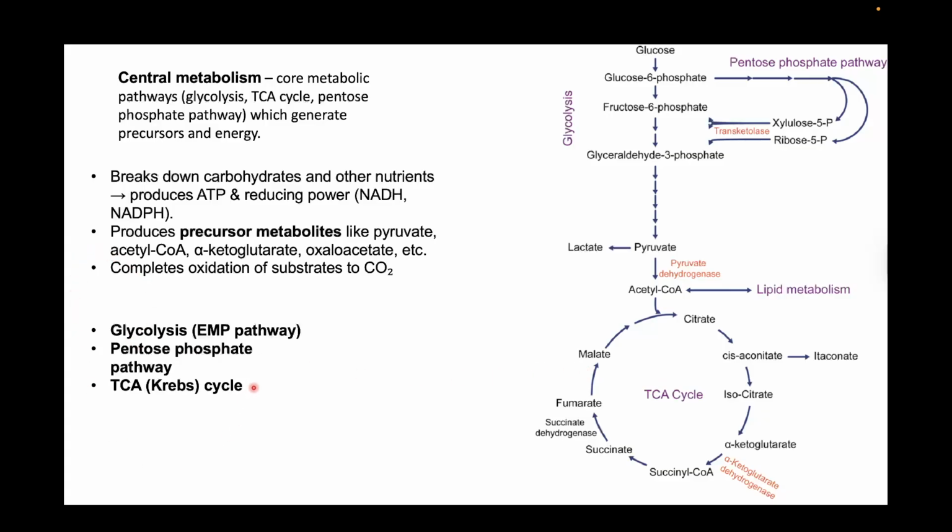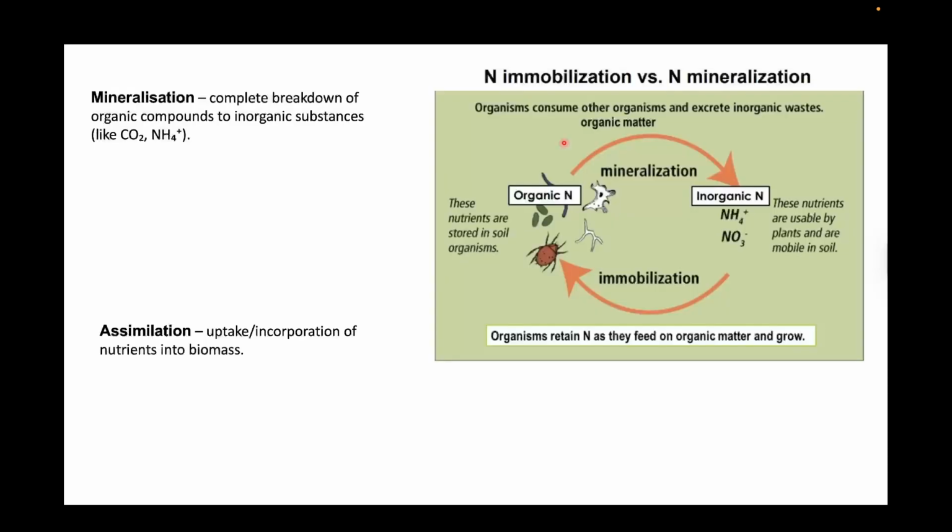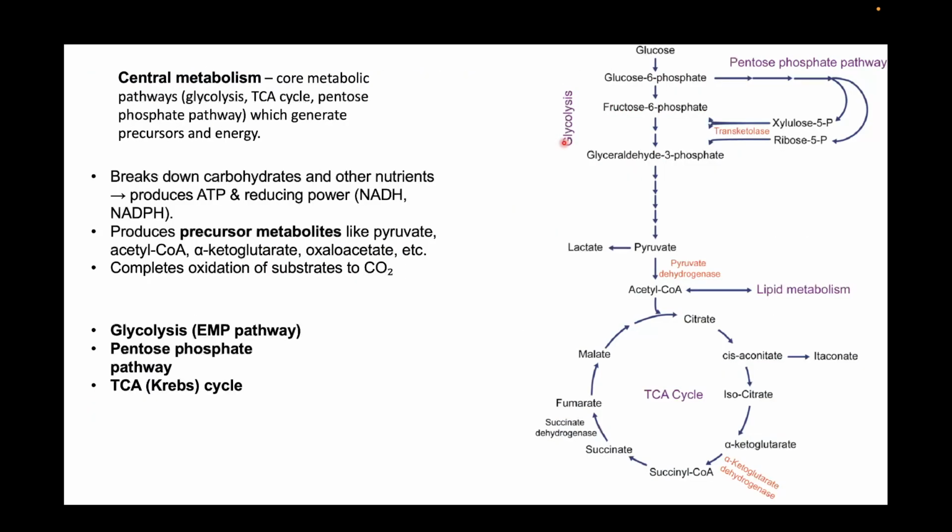Such pathways break down carbohydrates and other nutrients, producing ATP and reducing power, and also producing precursor metabolites like pyruvate, acetyl CoA, and alpha ketoglutarate. So, central metabolism is the pathway which preserves the precursor pool as well as undergoes oxidative metabolism of the substrate to yield energy. That is why central metabolism is the correct answer in this question.